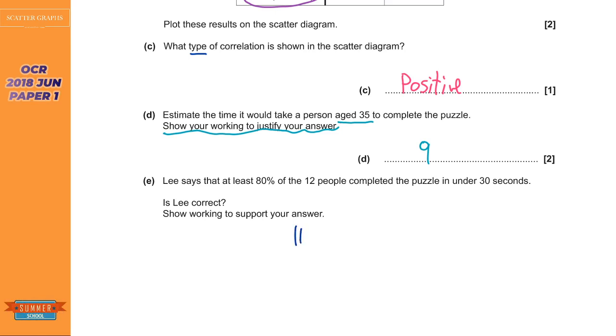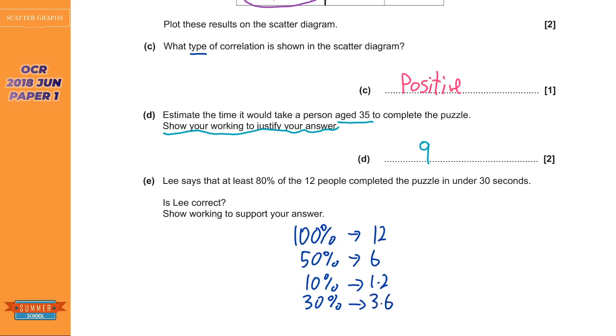So 100% of 12 is 12. 50% would be 6. 10% would be 1.2. 30% would be 3 times that, which would be 3.6. And so 80% would be that one and that one. That makes 80%. So that would be 9.6.